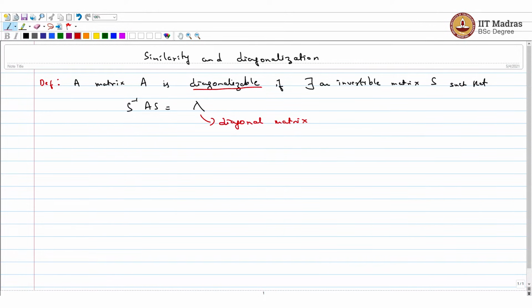So, if this condition is satisfied, which is like saying that if I can find an invertible matrix such that S inverse AS equals capital lambda, which is a diagonal matrix, then the matrix A is diagonalizable.